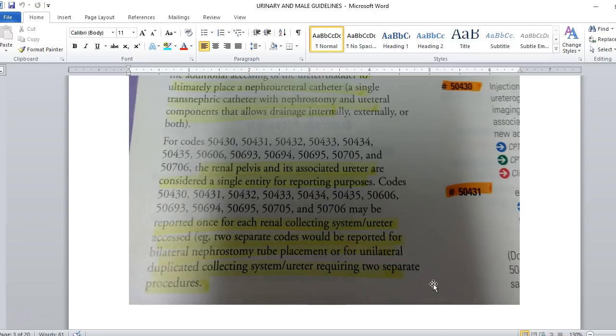So again, we can use these more than once because we do have 2 kidneys. Most people, I should say, have 2 kidneys. So again, we can use it if we're doing a bilateral procedure or if we're doing 2 separate collections on one kidney and ureter because we're doing 2 separate access points.